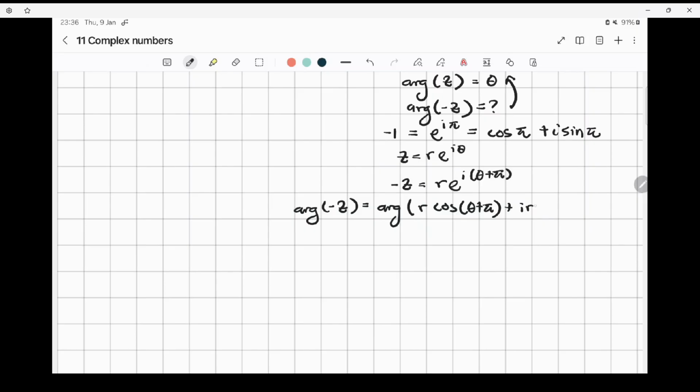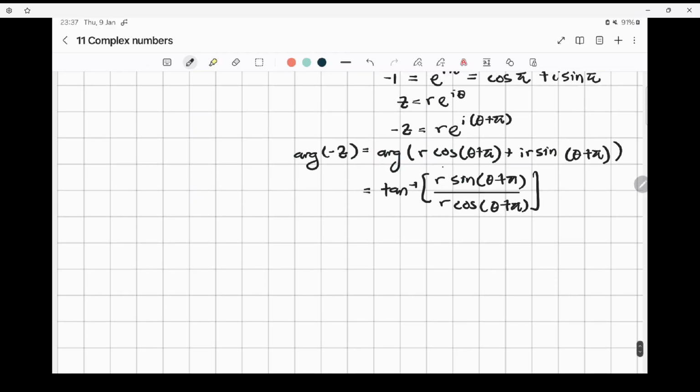We know that the definition of argument is just the inverse tangent of r sine (theta plus pi) divided by r cos (theta plus pi). And you can cancel off the r. Sine divided by cos is tangent. So in the end, what you will get is just theta plus pi.